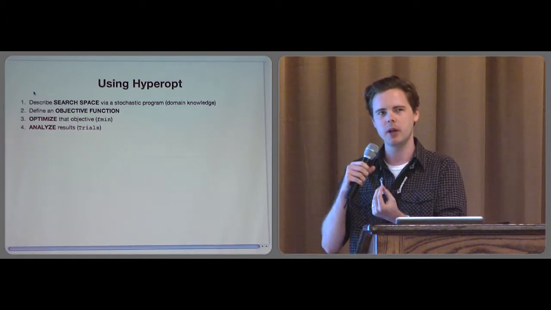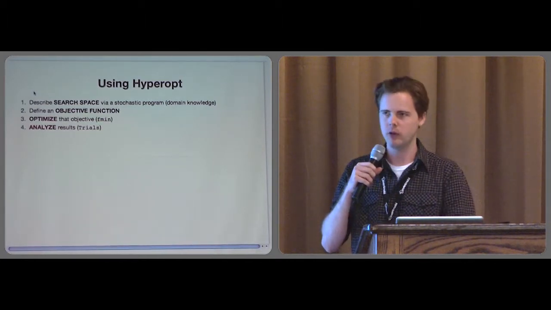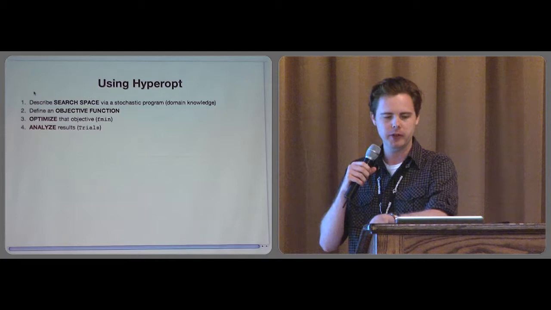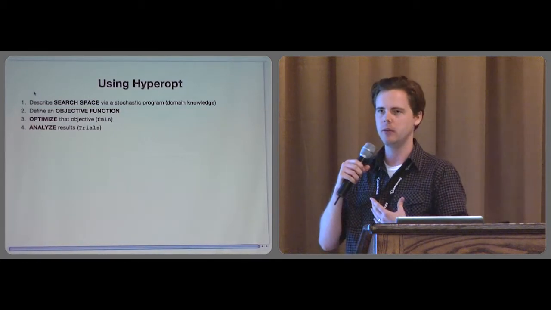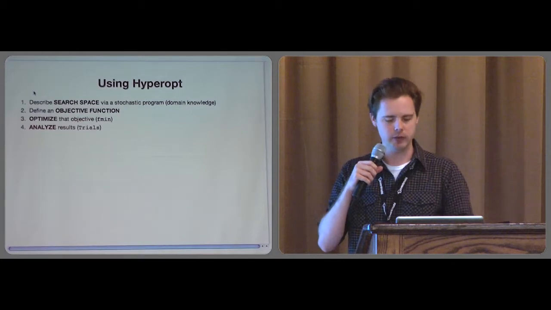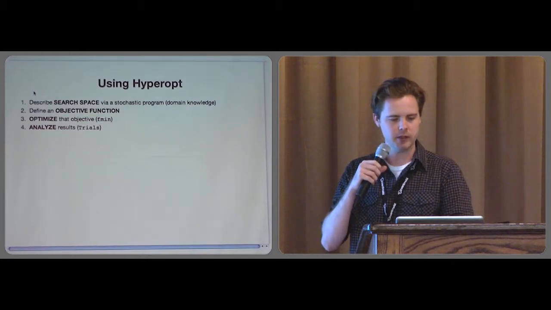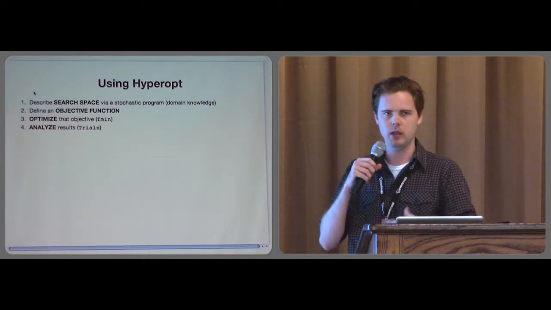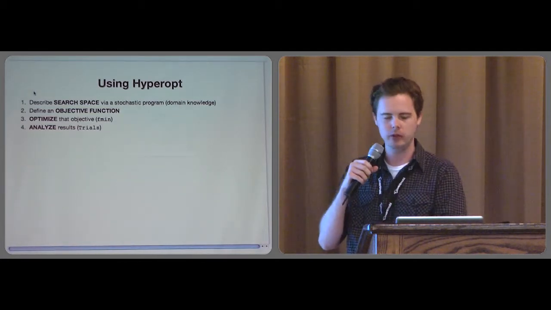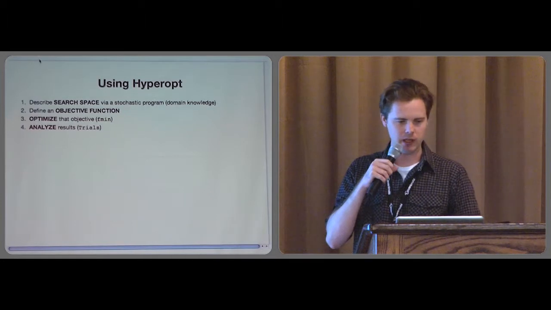But whatever it is that you're optimizing, you need to encode that in order for Hyperopt to work. Having written down the search space and the objective function, you just call Hyperopt's fmin function, which is similar to what you might have seen in SciPy or MATLAB. At the end of the day, all the different points that you tried during your search get saved in a database, so you can analyze your results.